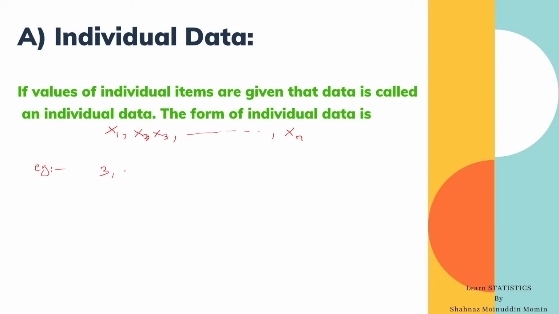Suppose we have given 3, 2, 1, 4, 5, 0, 6, etc. Here we have given individual values, means separate values. There is no repetition of the values. Such data is called individual data.